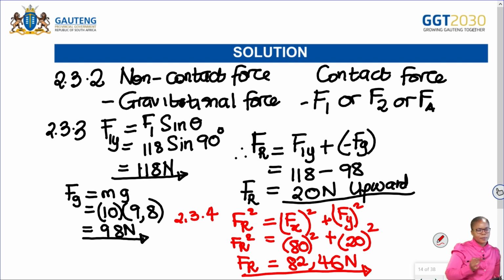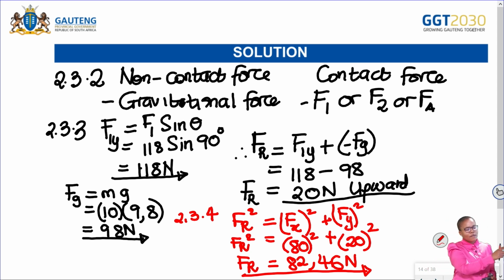Okay, so that is how simple we're finding it. So let me just go slowly. This is on your x-axis, which is your 80. This is on your y, which is the resultant of the vertical direction, giving you 20. And then it's 80 squared plus 20 squared is going to give you 6,800.